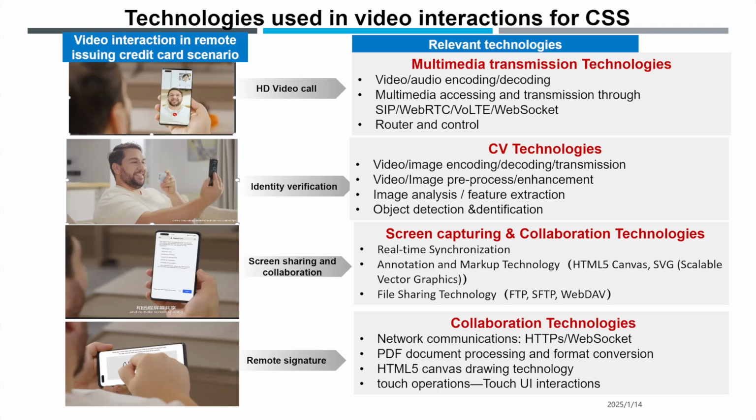Also screen share and collaboration technology, like file sharing and annotation, and markup technologies are used. And also for the remote signature, PDF document processing and format conversion are used in this scenario.